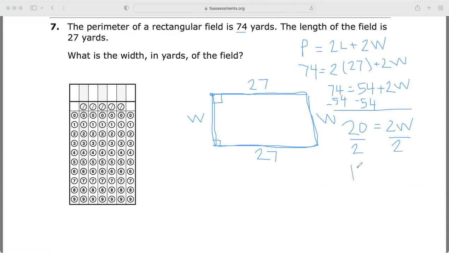So 10 equals W. So the width is equal to 10. And if we were to add up 10 plus 10 plus 27 plus 27, we would get 74. So what is the width in yards? So 10 yards, you would put in 1, 0, 10.